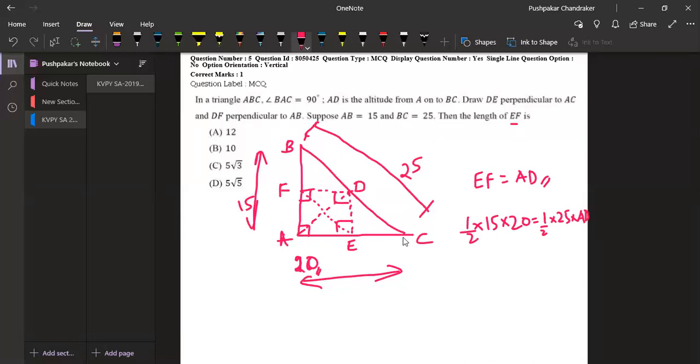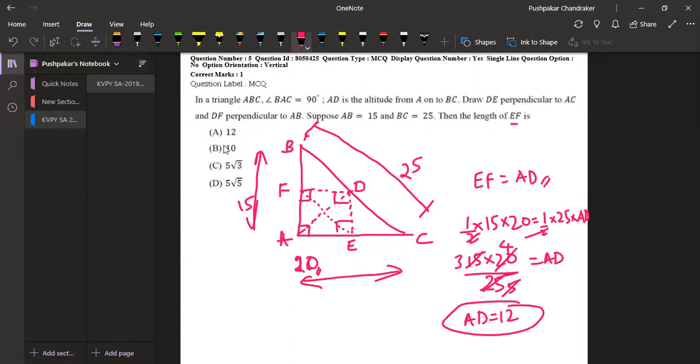So this is the base, this is the height. So 2 gets cancelled. So you get 15 into 20 by 25 equals AD. 5 fours are 20, 5 fives are 25, 5 threes are 15. So AD equals 12, which is option A. Very simple question again.